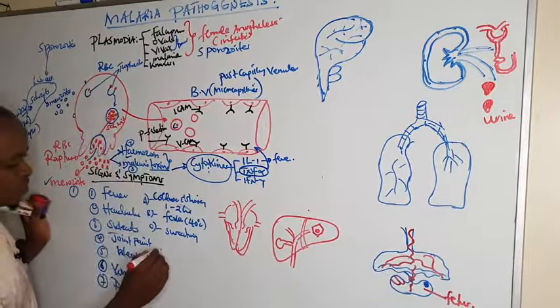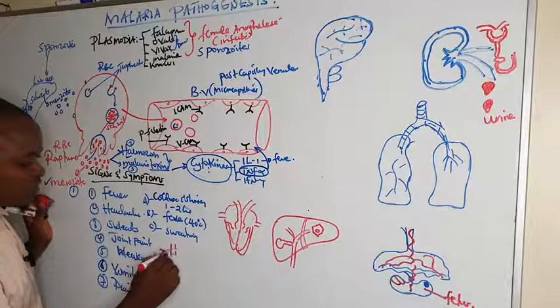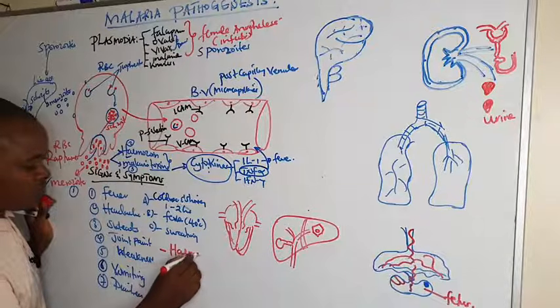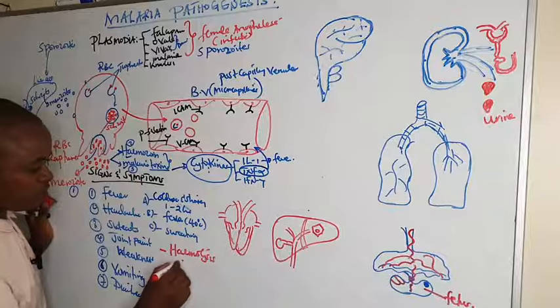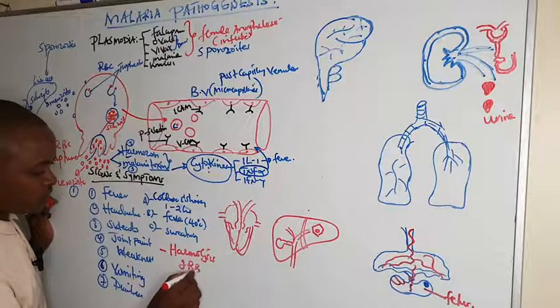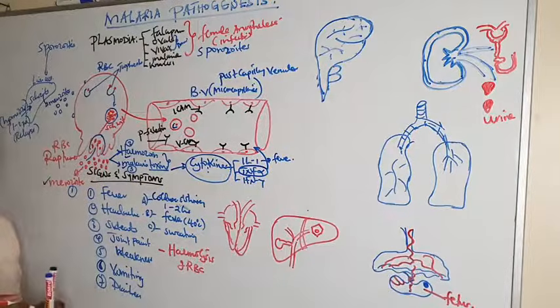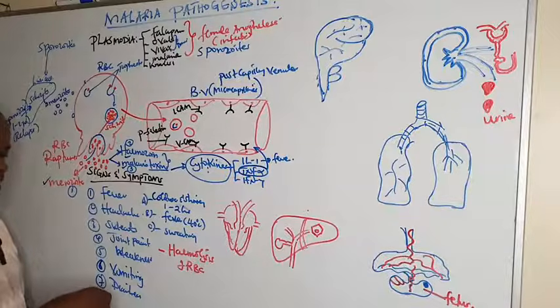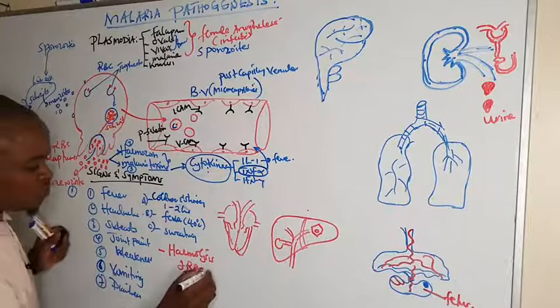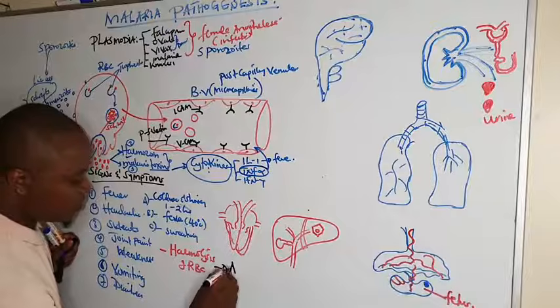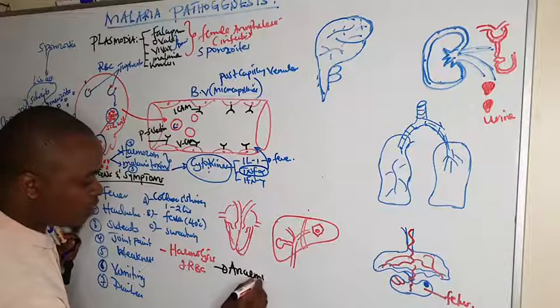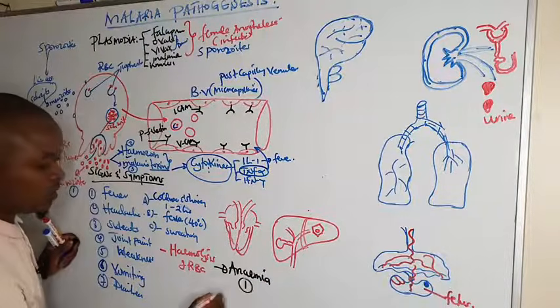So there is going to be a complication such as increased hemolysis of RBCs, especially the infected ones. And this hemolysis is going to lead into what we call anemia. So one of the complications is anemia.